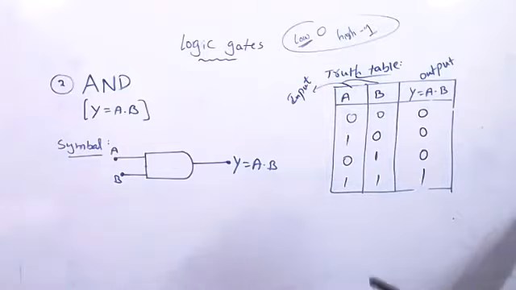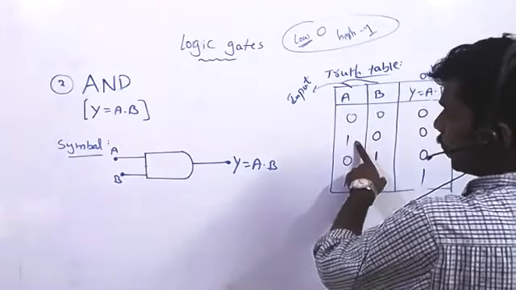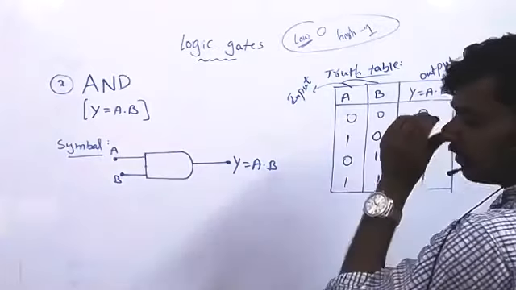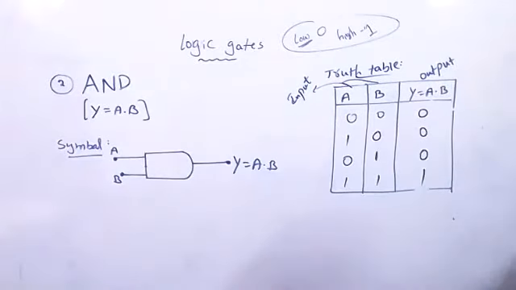Can you say one example for when you are giving one input high, one input low, but output also you are getting low?